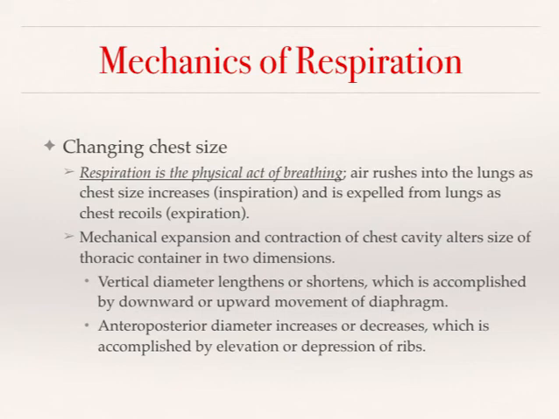So your diaphragm and your intercostal muscles are what support respirations, because these are the muscles that open things up and let the recoil occur. The AP diameter, from the front to the back, like your spine to your front, is changed by elevation or depression of your ribs or intercostal spaces. All those muscles in between your ribs are what increase that AP diameter.